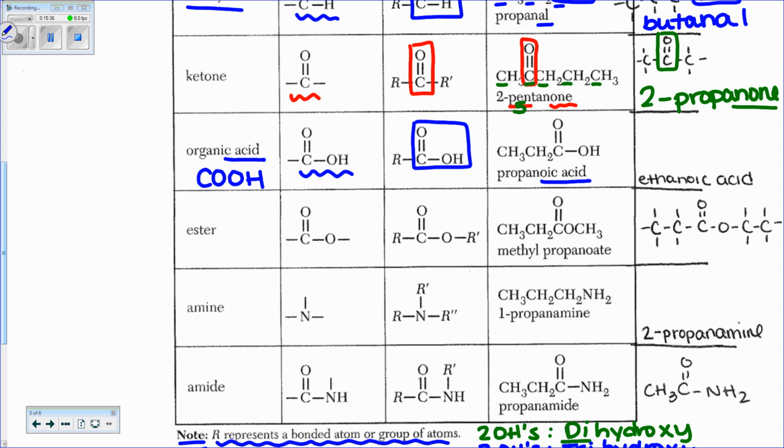So here's my actual group. Why are they saying prop? 1, 2, 3 C's. So there's my prop. And then they're telling me it has that acid group. So propanoic acid. So if I went over here to do ethanoic acid, I just want to think that eth means 2. So instead of 3 C's, I'm actually going to have 2. So I'm going to just copy this.